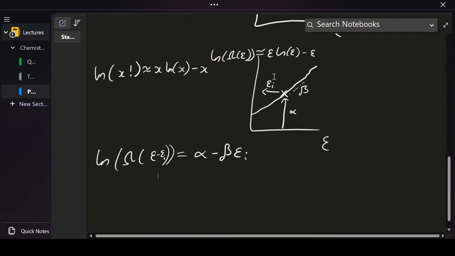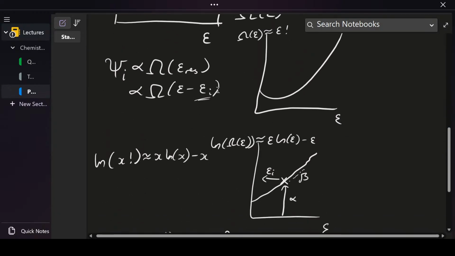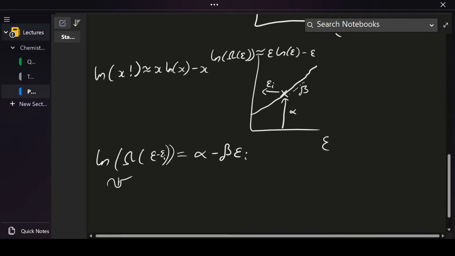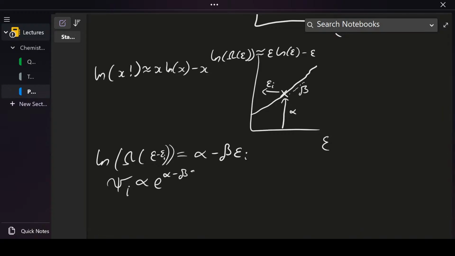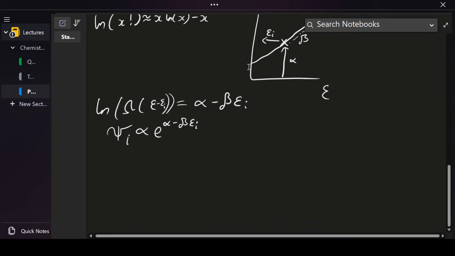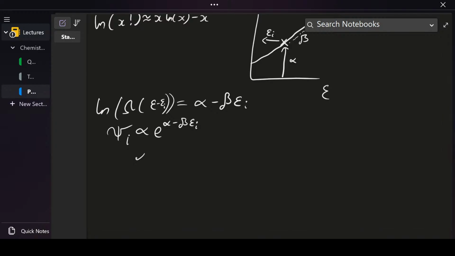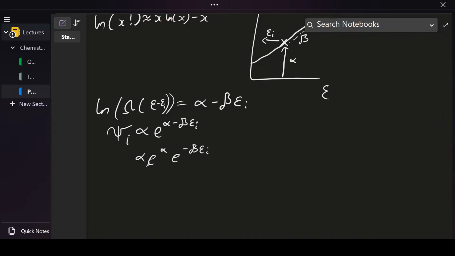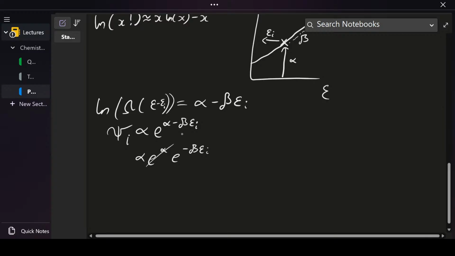So anyways, since we said that our probability was going to be proportional to the exponent of this, we're going to find that the probability of psi I is proportional to the exponent of alpha minus beta epsilon I. Using some index rules, we can bring out this e to the alpha as a product, and since this is a constant, we can divide by it and absorb it into the proportion.